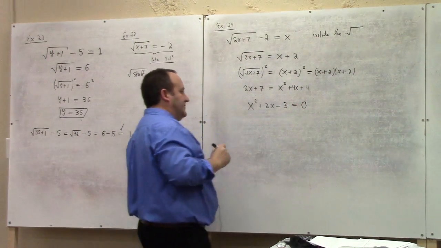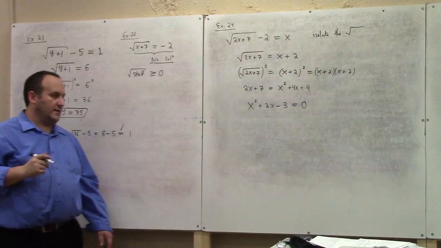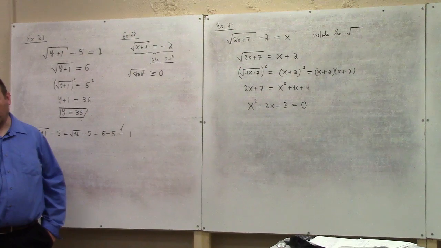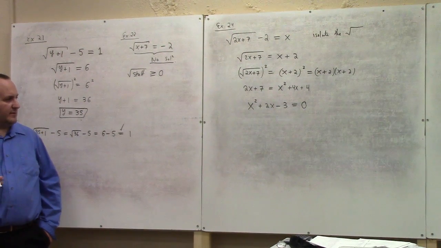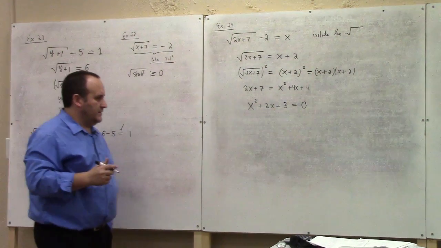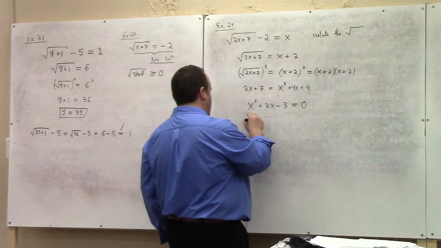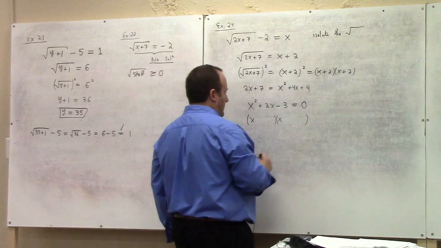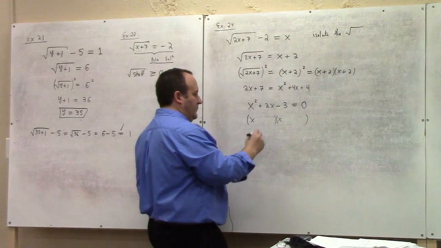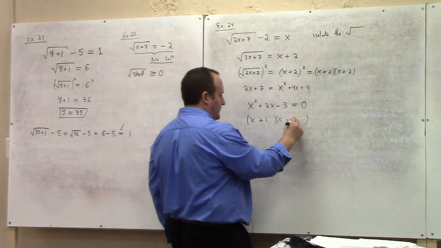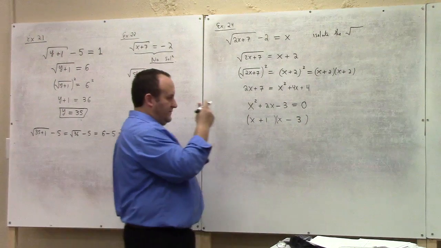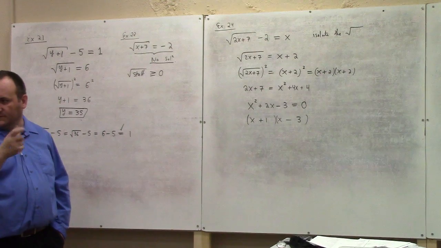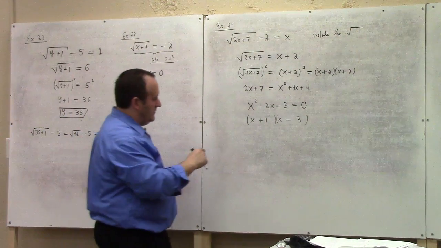Looks like it's going to factor. I think it's going to factor, like 3 and 1, or I need minus 1 and 3, or 1 and minus 3. Which one do I want? If I put 1 and minus 3, then I think I get a minus 2x from that one. I think I need to flip the sign the other way, right?